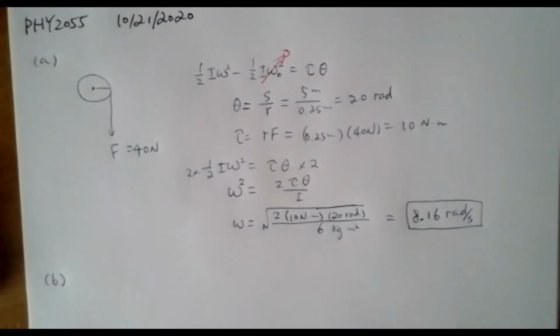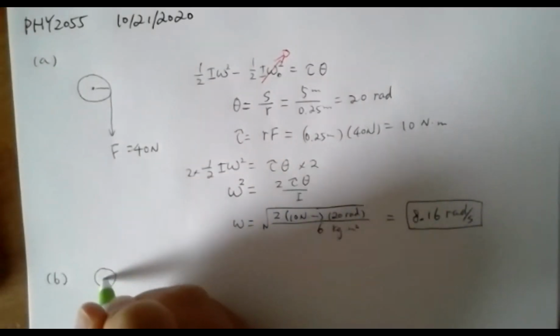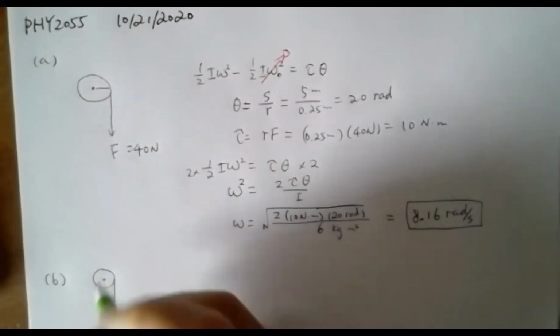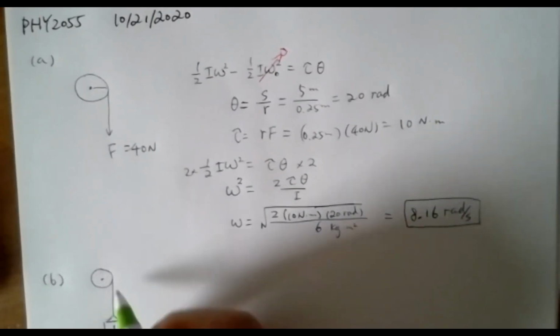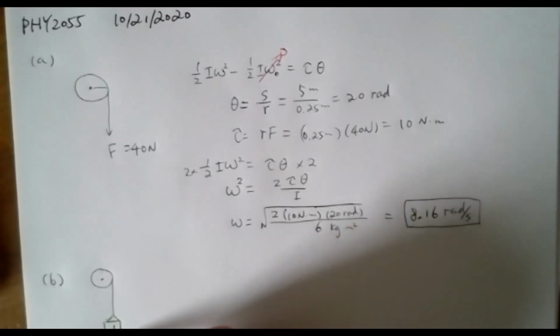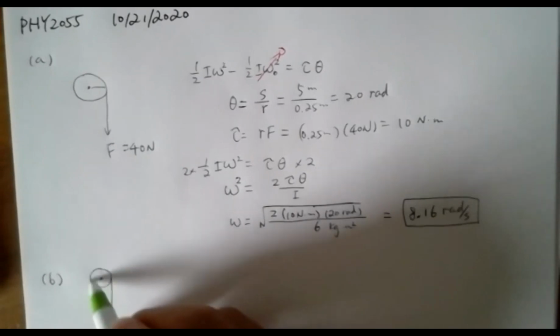Now on part B, things are a little bit different. You have again that disk, and then there's this weight, not exactly as the figure shows, but this one is 40 newtons. After this drops 5 meters, there's kinetic energy gained by this and also by that.